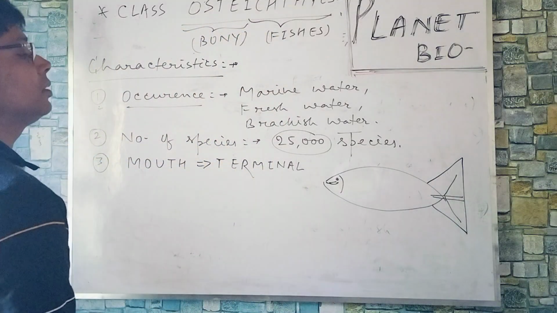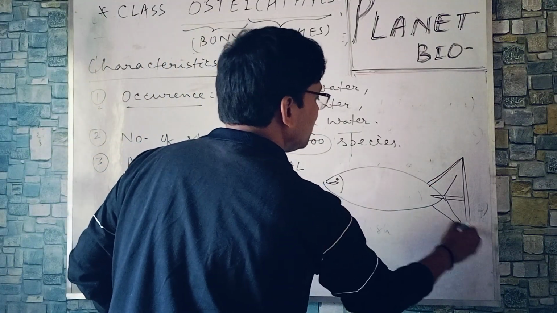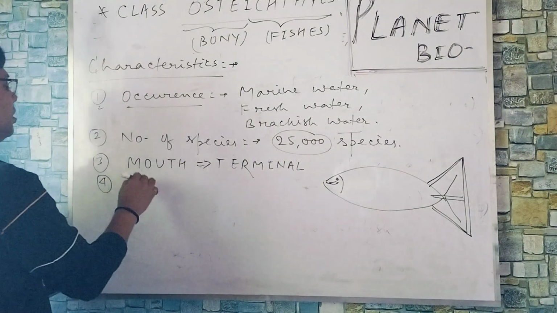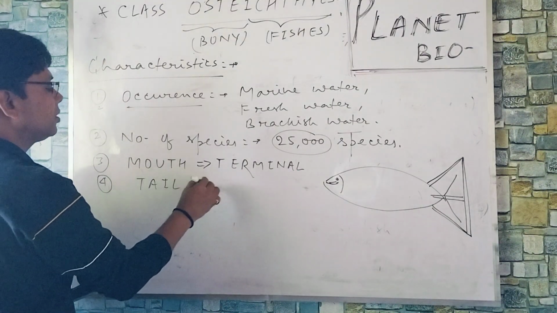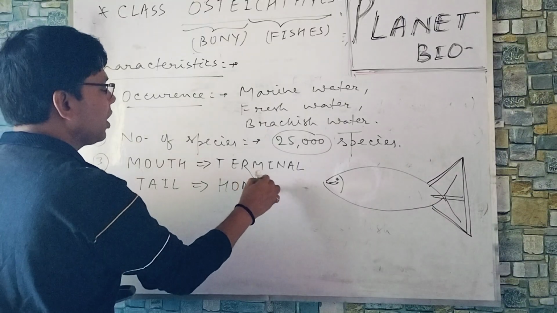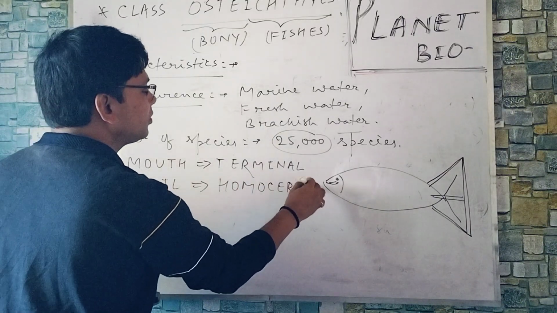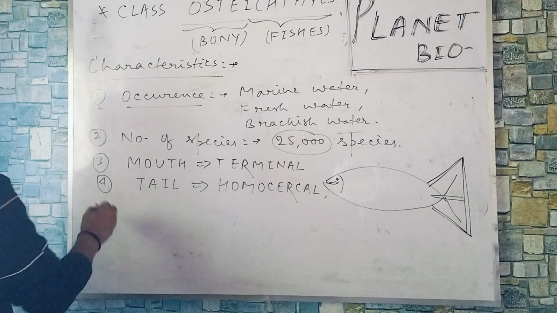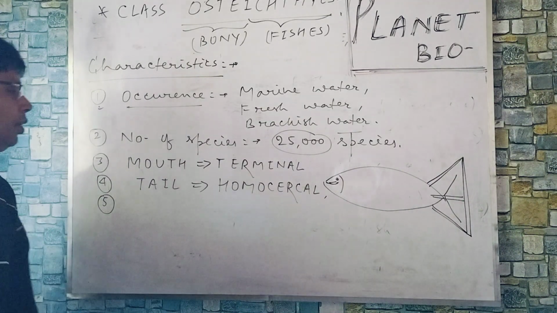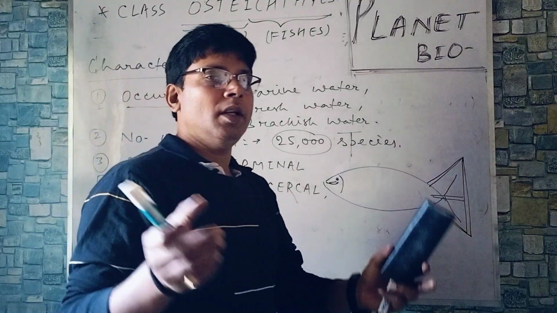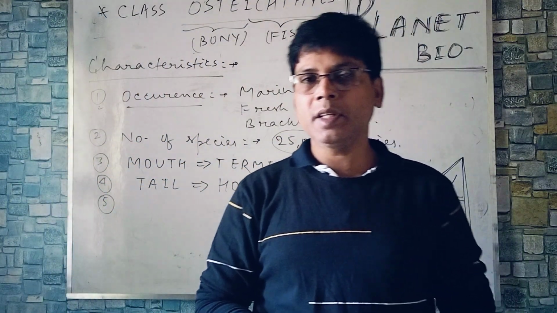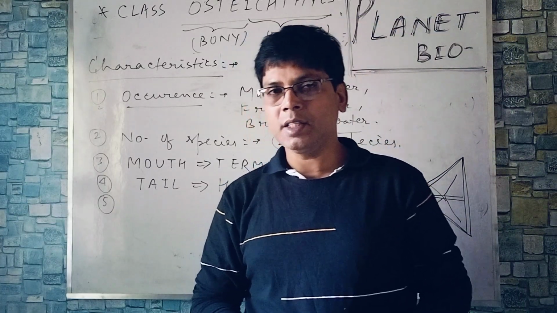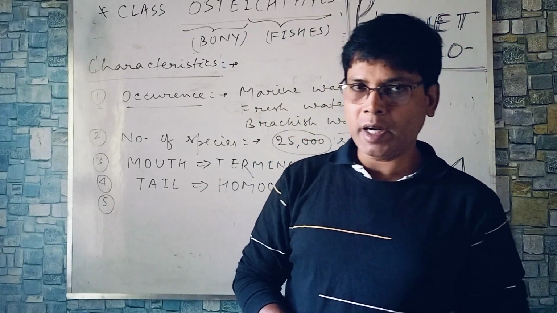So this condition is called homocercal tail. Tail is homocercal with two equal halves. Now, over the body you can find scales, but they are not placoid scales. They are cycloid, ctenoid, ganoid.